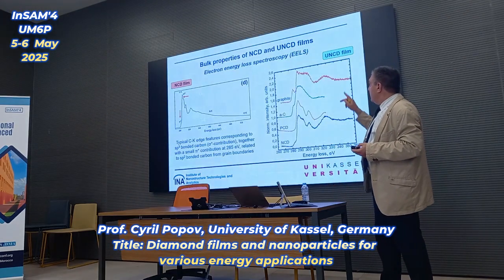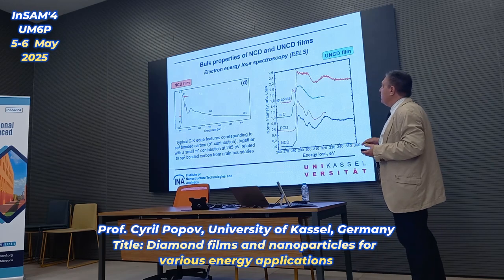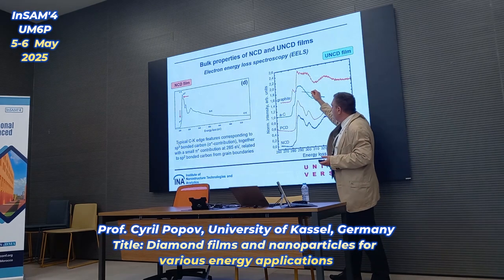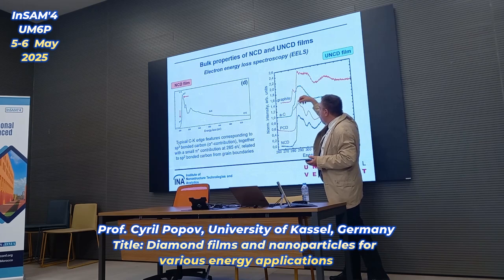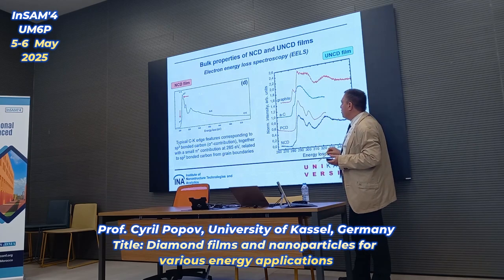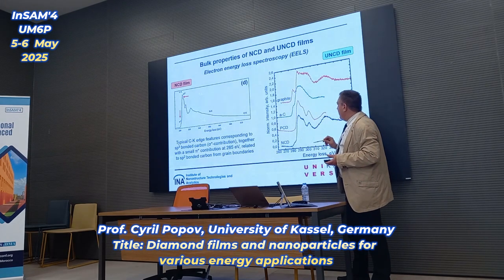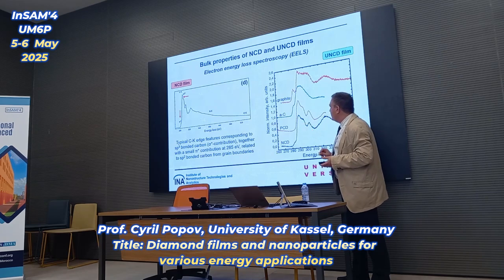So this is the spectroscopy used, so electron energy loss spectroscopy, and in fact you can see very well the difference between diamond and graphite, the presence of the pi star contribution related to sp2 bonded carbon atom, its absence by the diamond phase.